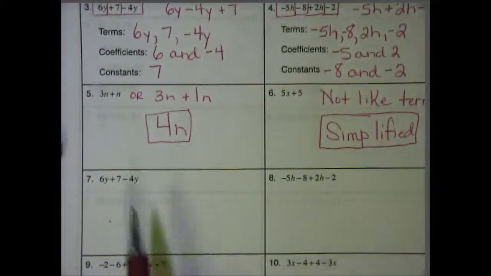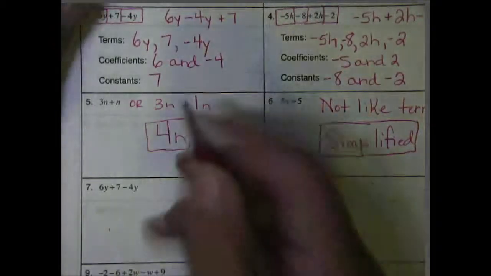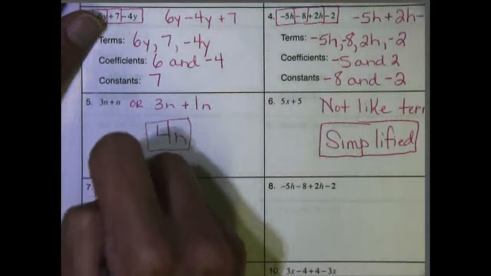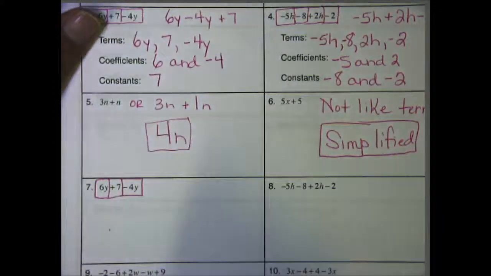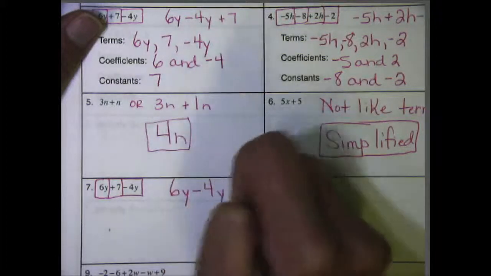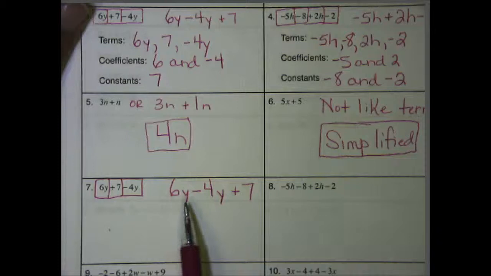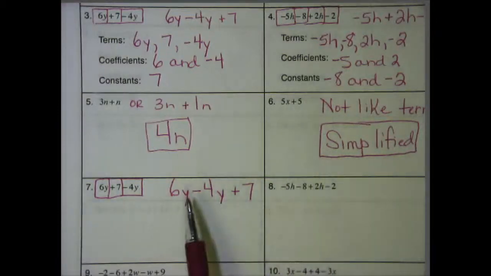Number 7. Remember up in number 3, we had this exact same problem, and we grouped our like terms together. So we put boxes around positive 6y, positive 7, negative 4y. Then we grouped our like terms together. And once we get our like terms grouped together, then we can combine them. Remember, we can only combine them if they are alike.